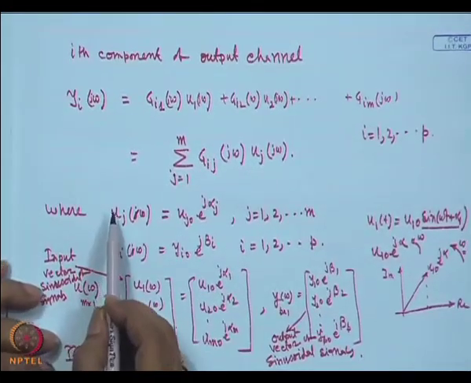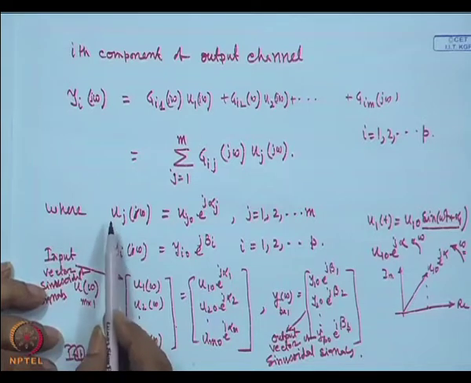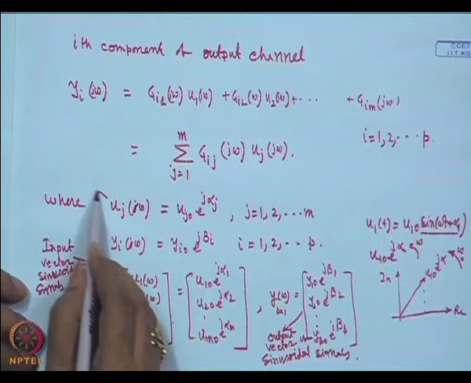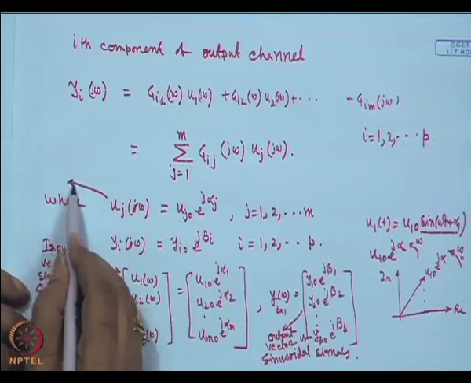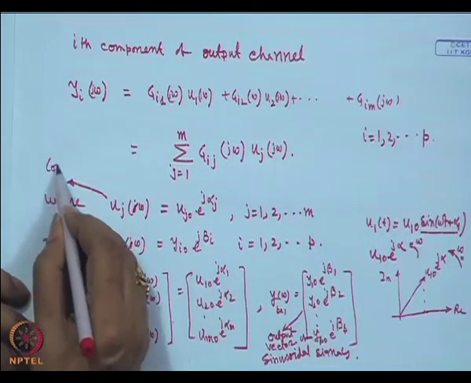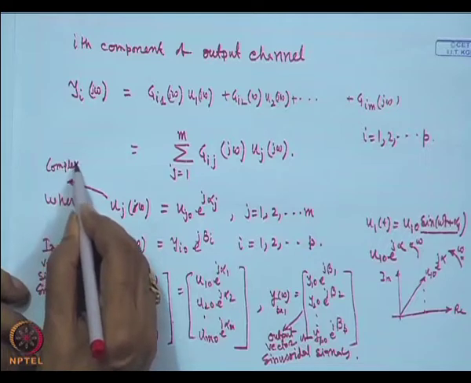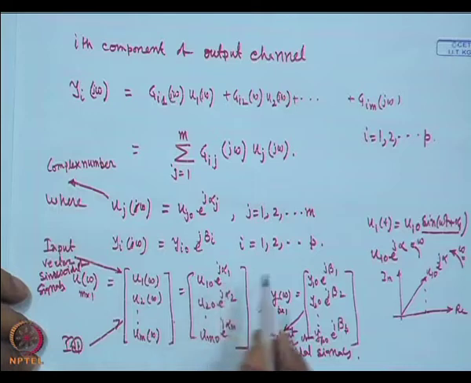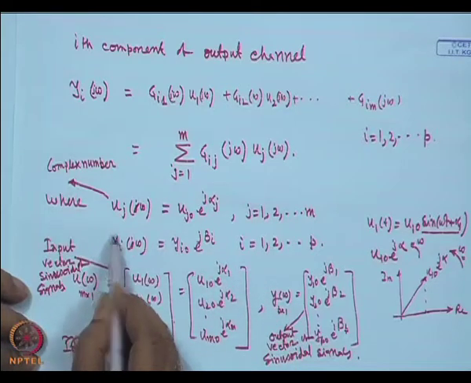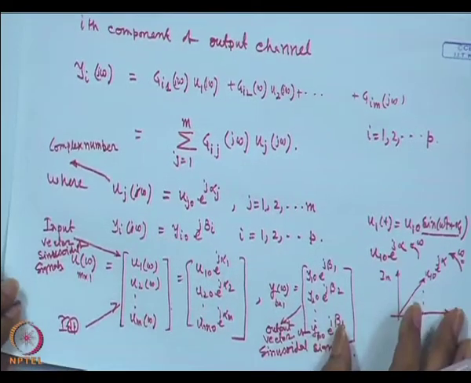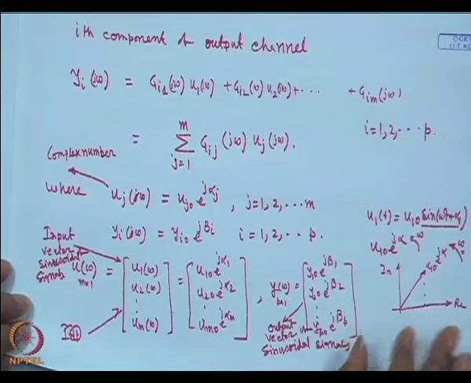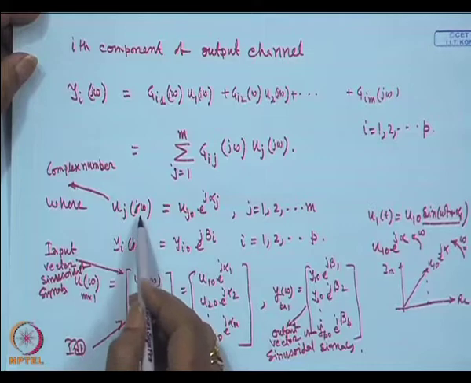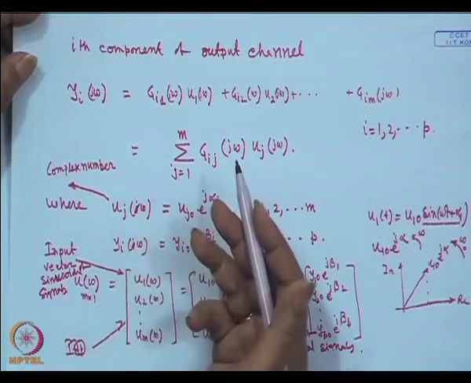Now, this is a complex number. You see, u_j is a complex number. Similarly, y_i is also a complex number, representing at each frequency omega. Why did I make it a function of frequency?